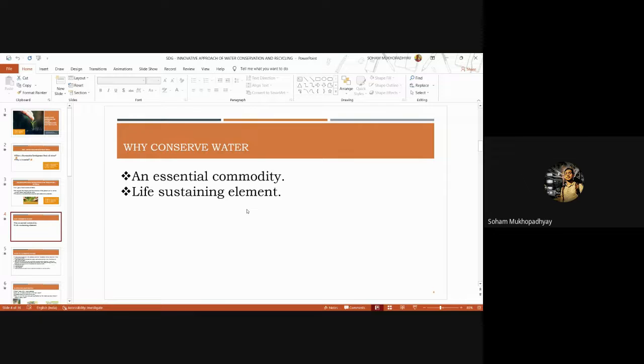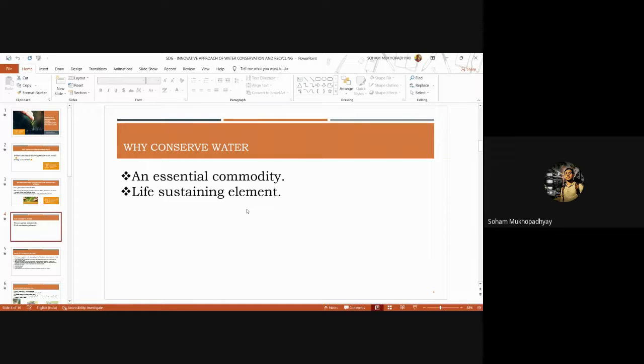So this brings us an urgent issue of conserving water. After all, it is the only way to make water available for household use, agricultural and commercial purposes.